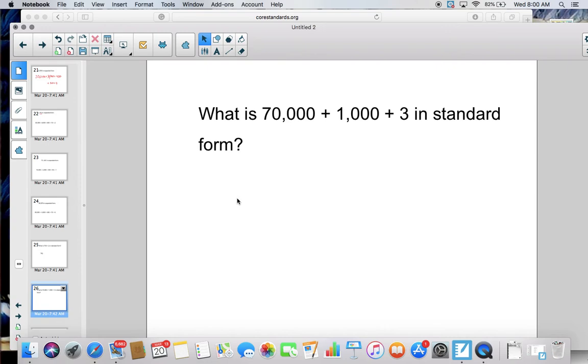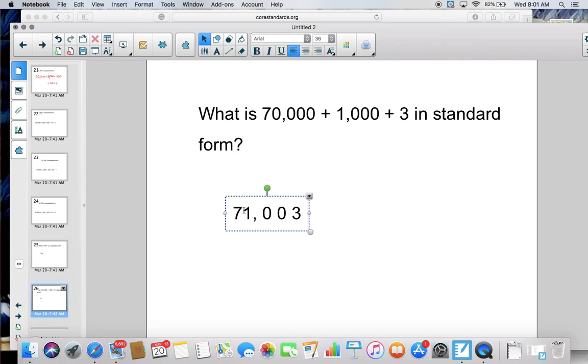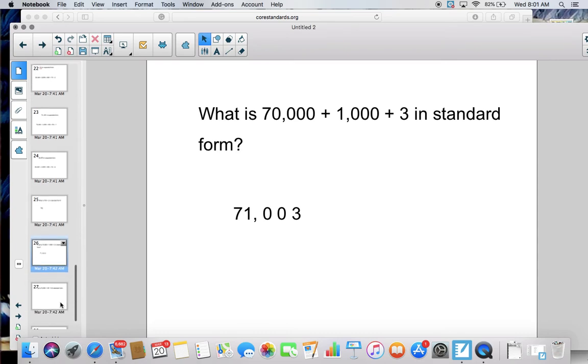Click pause. Welcome back. So we have the 7. All right. Then we have a 1. Then notice there's nothing in the hundreds, so we're going to put a 0. Nothing in the tens, put a 0, and then a 3 to hold that place. So it's 71,003.